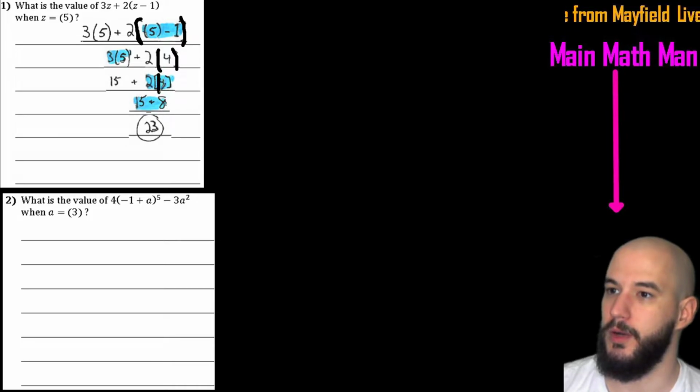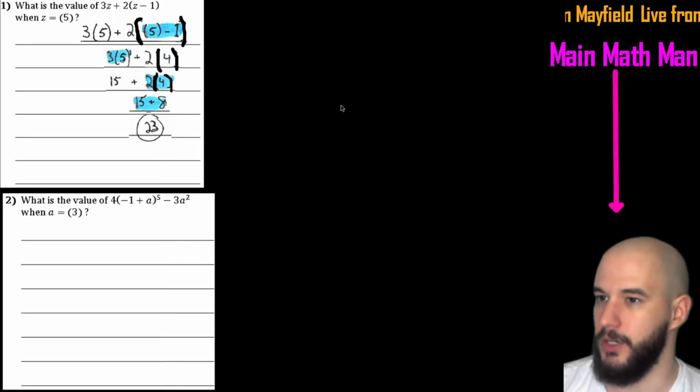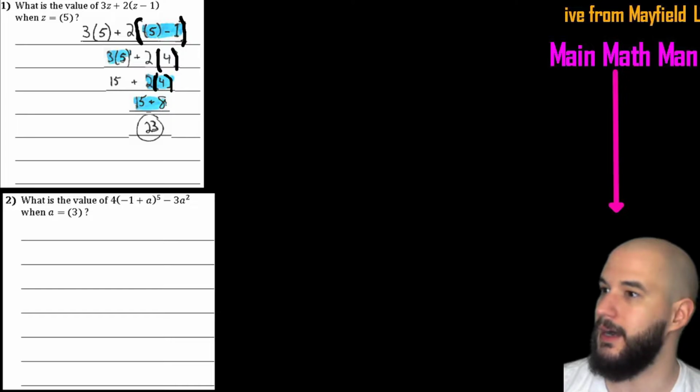Again, when you are plugging this into that Desmos calculator for yourself, be sure to use those parentheses instead of those brackets. That way it's nice and clean for yourself, and we can check our answer in that calculator.